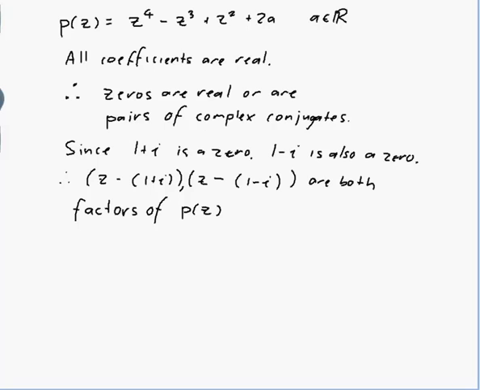So that must mean that my quadratic factor must be those two things multiplied together. I should say this up here, A, because we're now doing part A, aren't we?